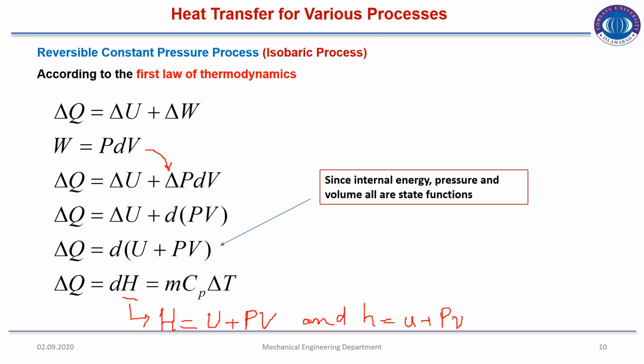So don't confuse capital H and small h, as capital H is not a specific property. Therefore, this is the enthalpy, not the specific enthalpy. So the formula for enthalpy is mass into Cp dT, where Cp is the specific heat at constant pressure.